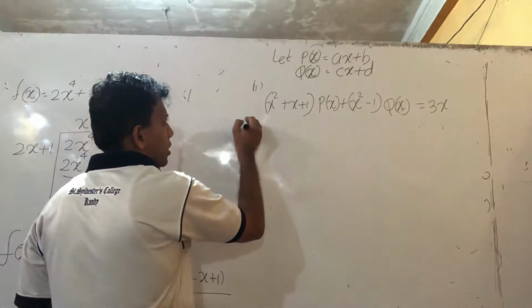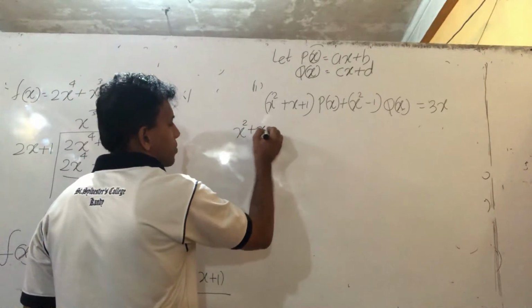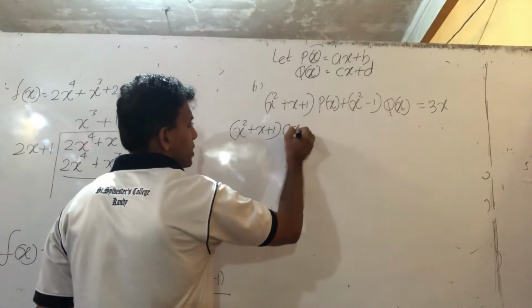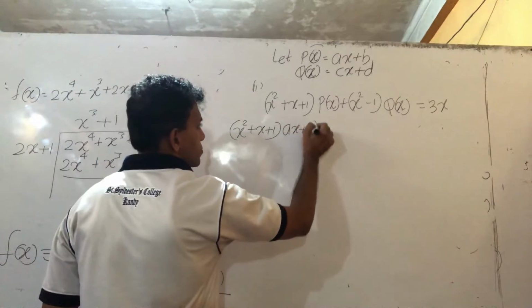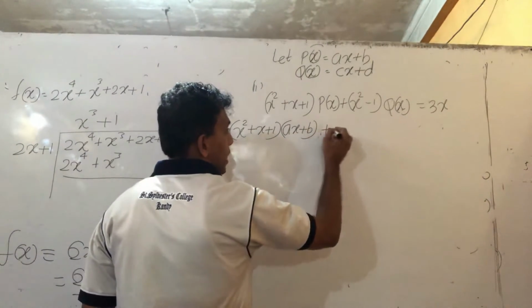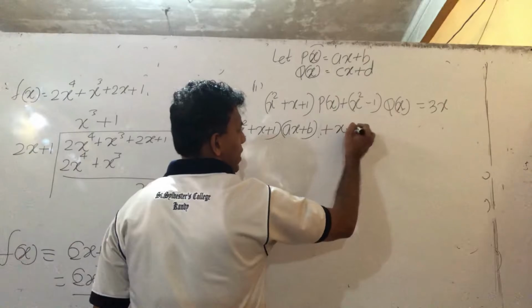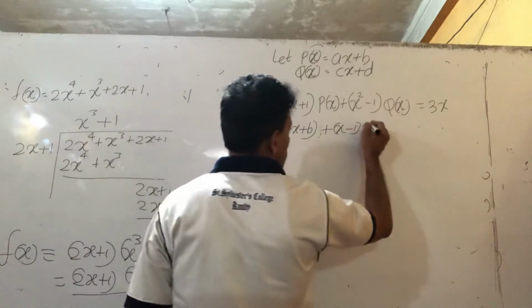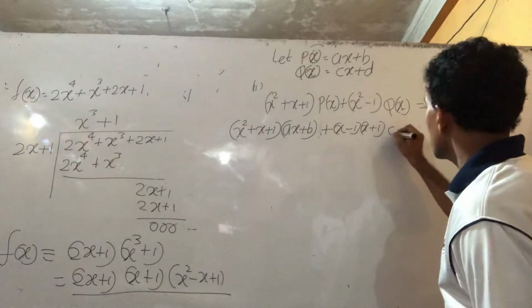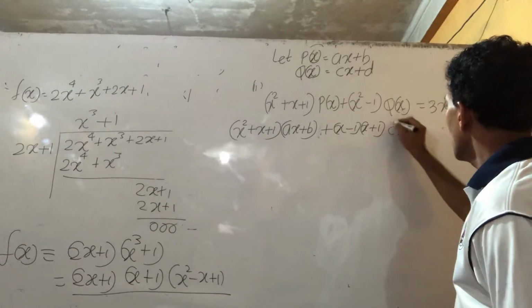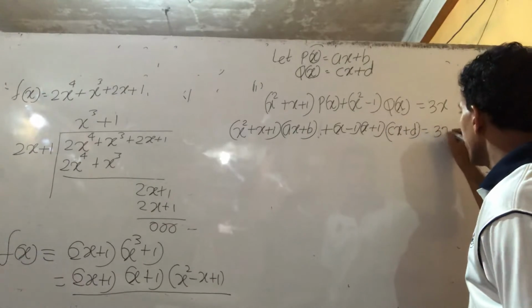Therefore x square plus x plus 1, what is p(x)? ax plus b, into this, plus x square minus 1. Can I factorize this also? x minus 1, x plus 1, is it? And q(x) is cx plus d, right? cx plus d equal 3x.